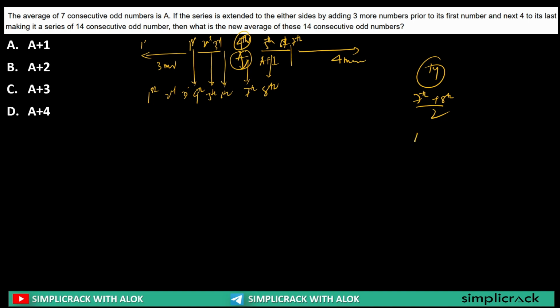What is the 7th term? That is A. What is the 8th term? That is A plus 1 divided by 2. I hope you are getting the point. Sorry, it is given as odd numbers, so it will be A plus 2. If 3 is an odd number, the next odd number is 3 plus 2, that is 5. So A plus A plus 2, that is 2A plus 2 divided by 2. 2 taken out, 2 into A plus 1 by 2, the 2s cross out, so the answer is A plus 1. Very simple, but we tend to make it complicated.